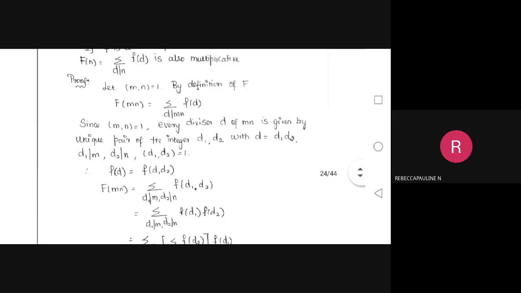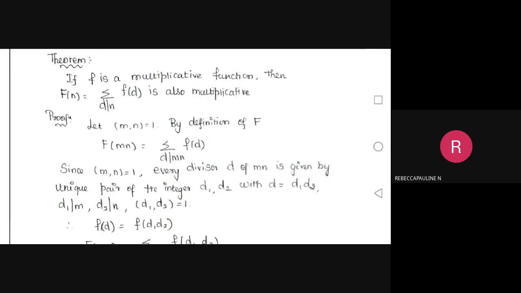In the theorem, they have written small f, actually capital F. If small f is a multiplicative function, then capital F of n equal to summation d divides n f of d is also multiplicative. So we have proved capital F of n is a multiplicative function.